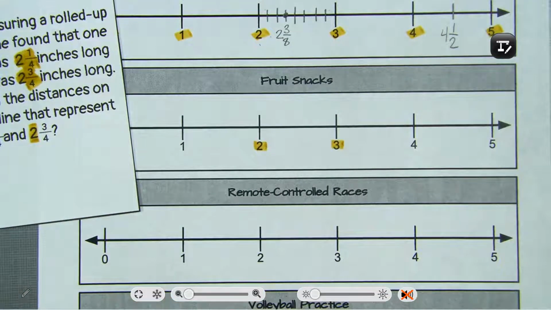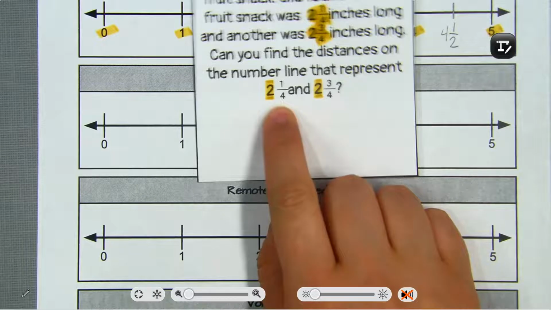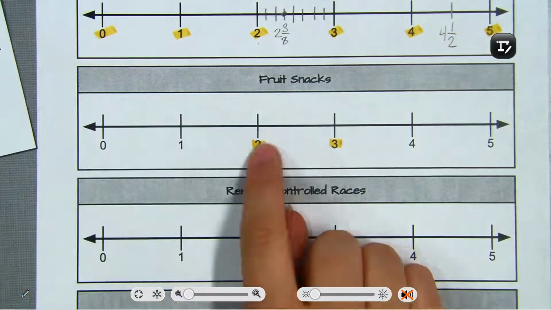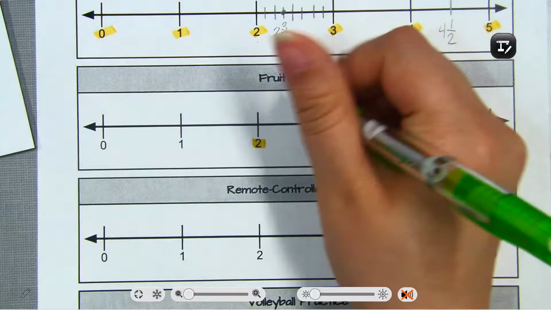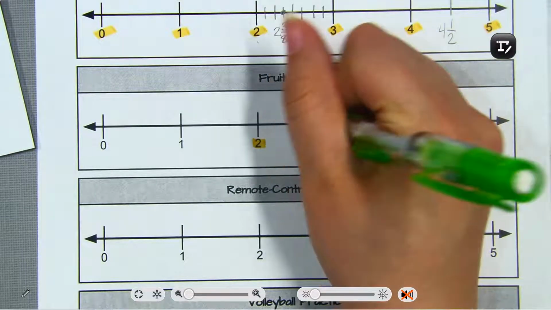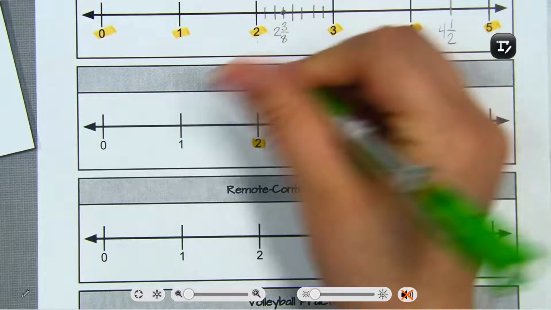Okay? So my first thing I need to do is look at my denominator. My denominator is 4, so I need to cut this into 4 pieces. So there's half.